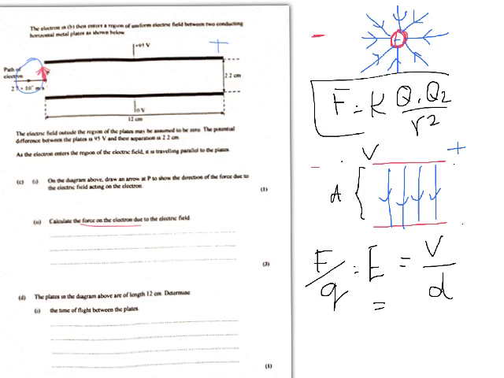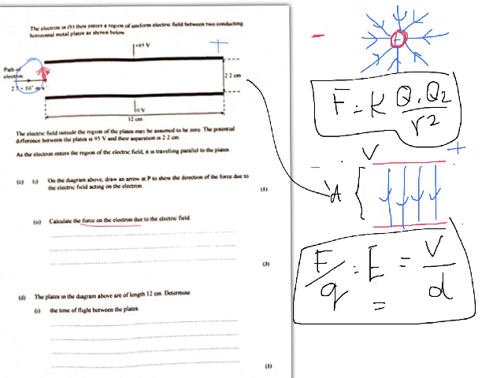So these are our two important formulas. Now the question is about uniform fields, so we'll be looking at this relationship. And we can ignore the E in the middle. We are left with F over Q, force over charge, equals potential difference over distance.